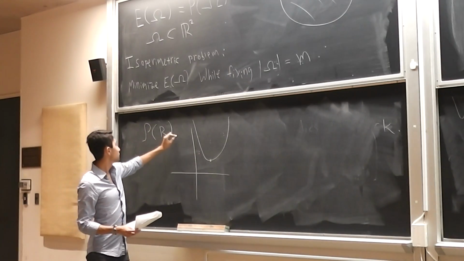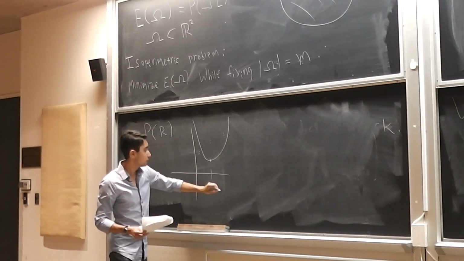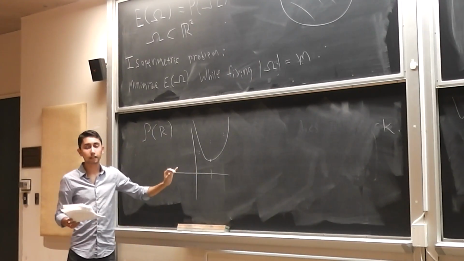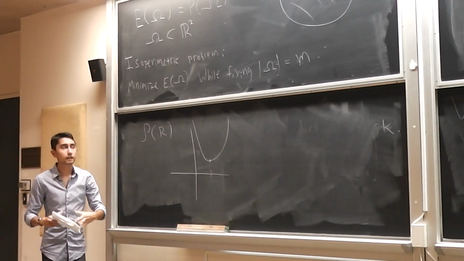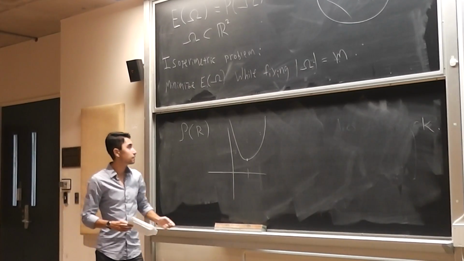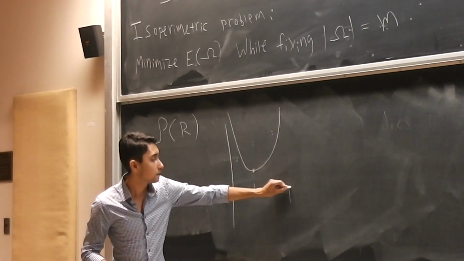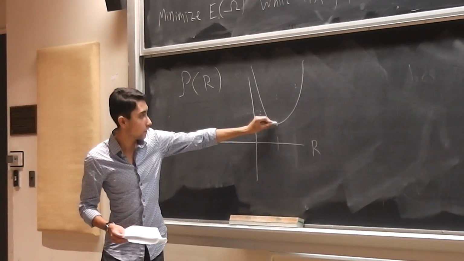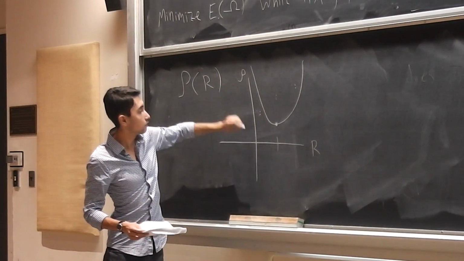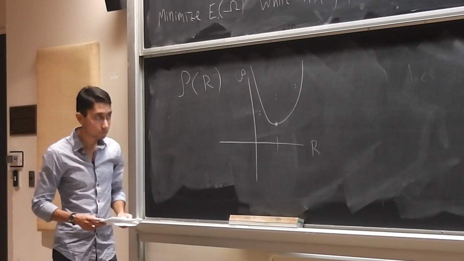So this is rho of r, for alpha fixed. We can vary the size of the ball, and we get different energy densities. So this is r. It turns out that there's a certain value of r for which this rho is minimized.